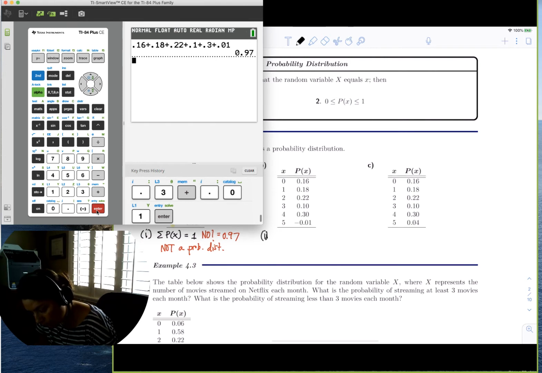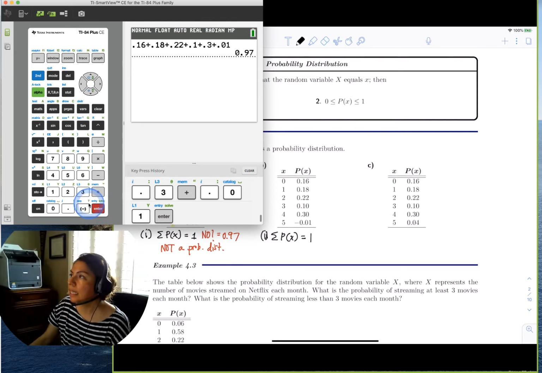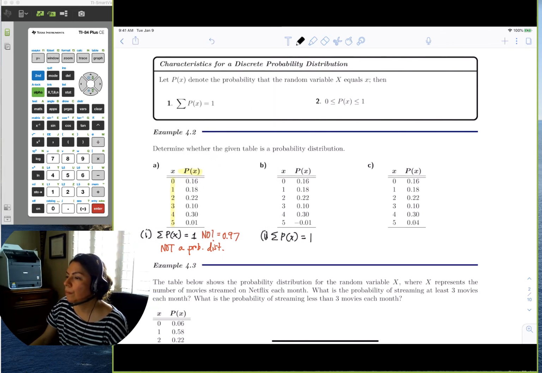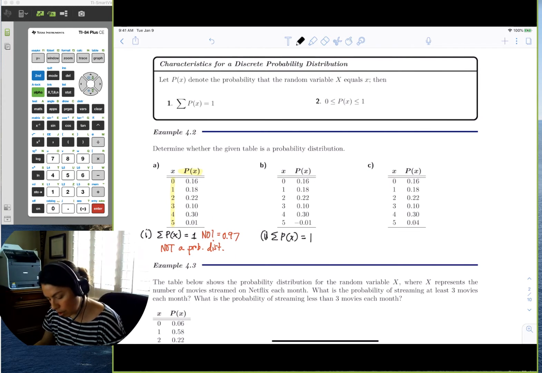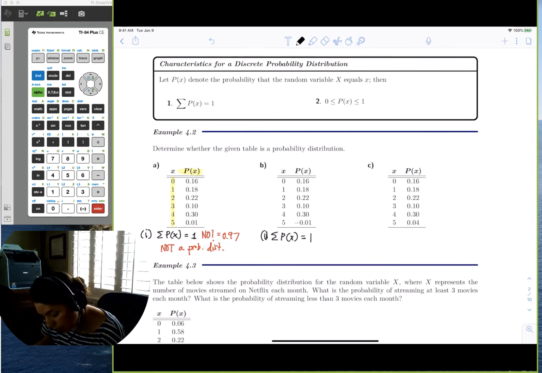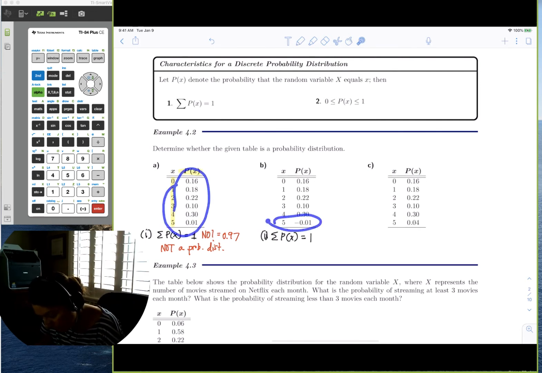Let's do 1. Let's see if the sum of all the probabilities is equal to 1. Right? So if I did that in the calculator, in this case, I could see that it's not because it looks identical to this one here, except a negative.